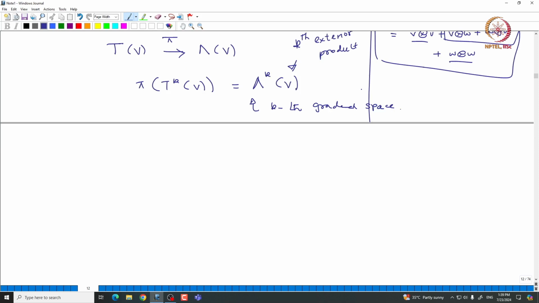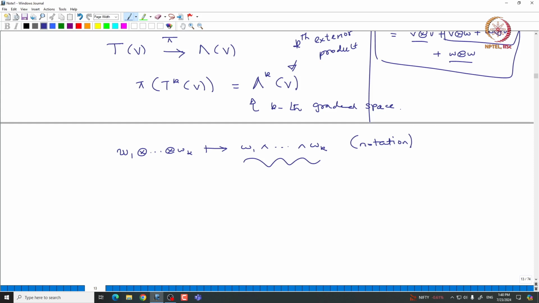Under this map one can denote the image of general W 1 through W k by the wedge product. This is just a notation. What is important about this product is that whenever some variable repeats in this product, we just take it to be 0.